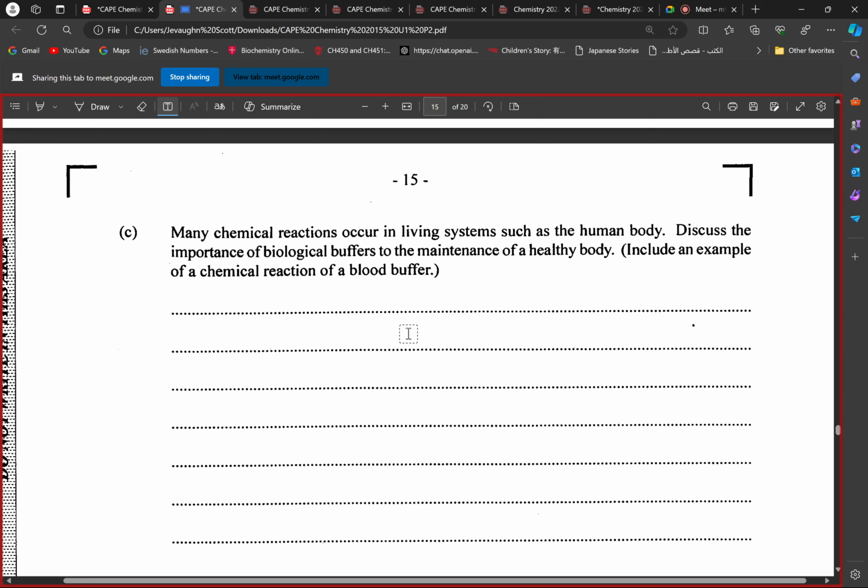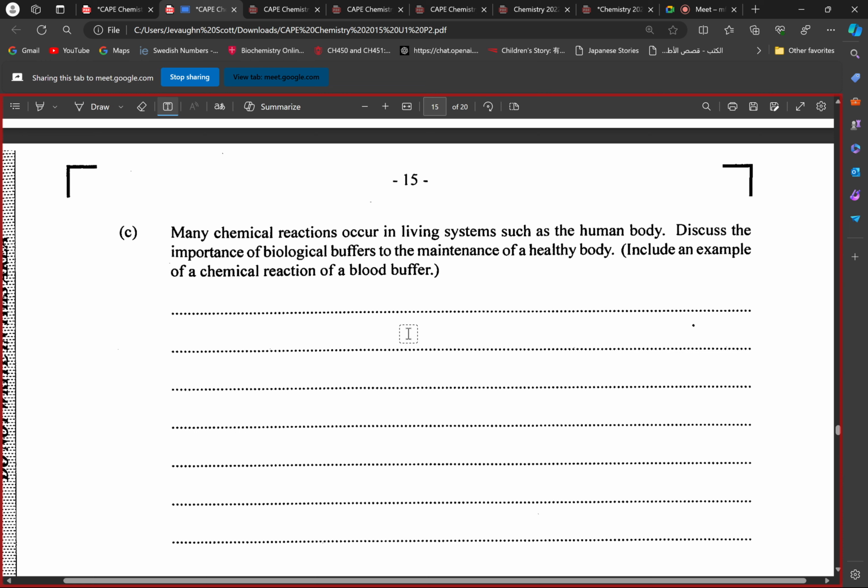We've gone over so many buffer questions so far, and we should know by now how buffers work. This is the last one we're looking at. But now, discuss the importance of biological buffers in the maintenance of a healthy body. Somebody discuss this, please.